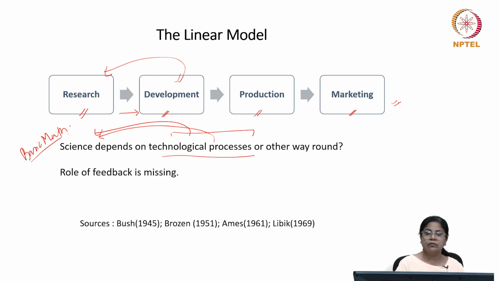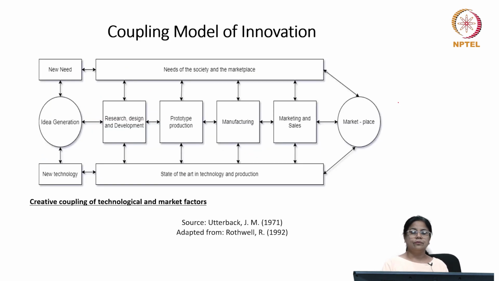Indeed, there is a potential that production may give feedback towards development or the other way round. So we have to look into those feedback effects and try to accommodate them. This is one of the major drawbacks of the linear model, whereby critics have pointed out that the feedback effect is missing. So then, moving forward, there came a coupling model of innovation.